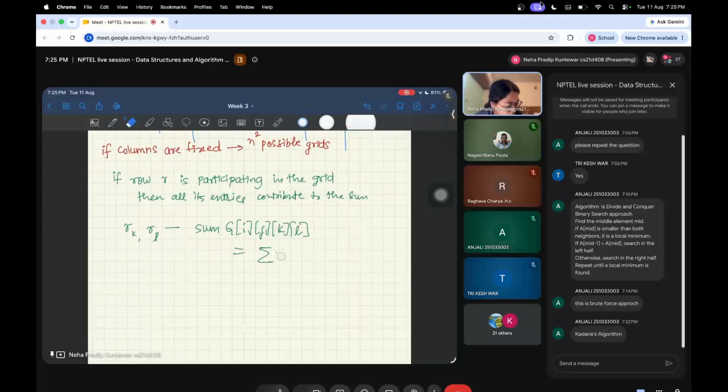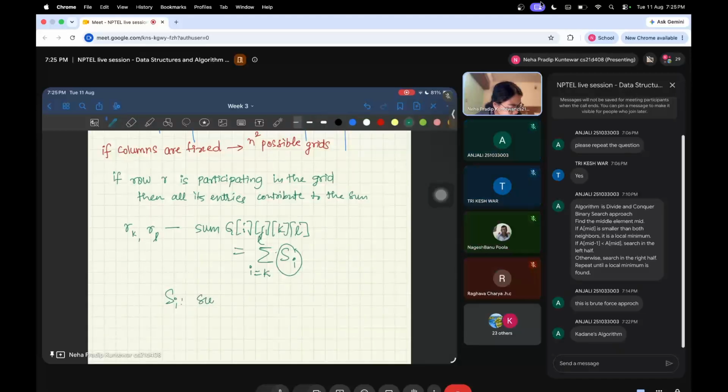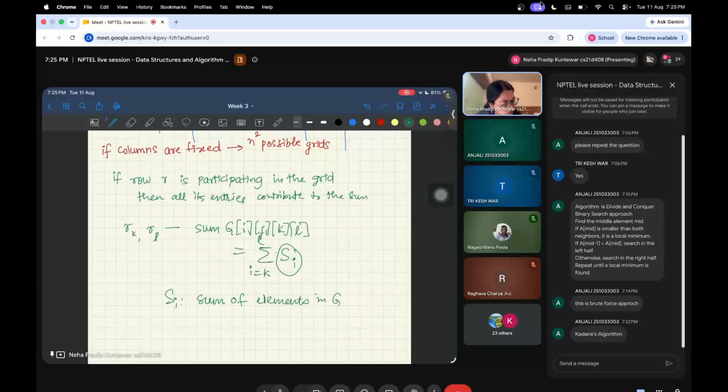So S of I denotes the sum of elements in G in row I corresponding to the columns.